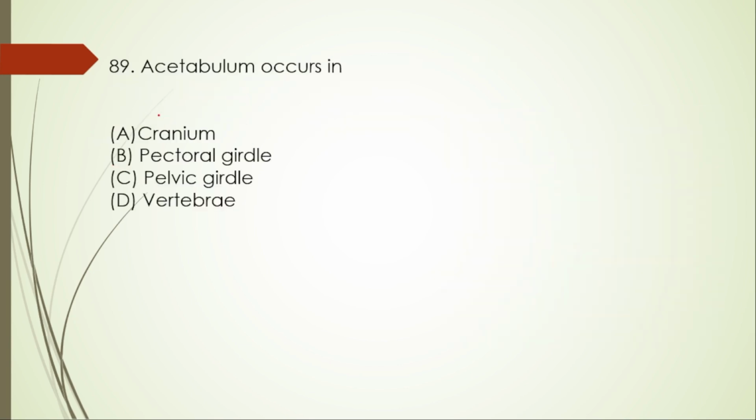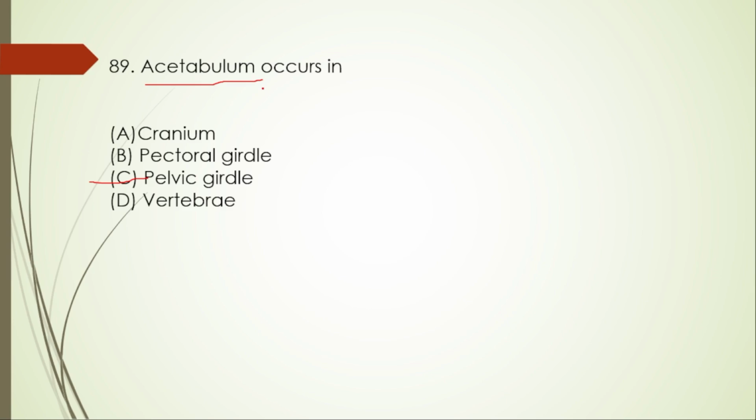89th one. Acetabulum occurs in A. cranium, B. pectoral girdle, C. pelvic girdle, D. vertebrae. Here the right option is C, pelvic girdle. What actually is the acetabulum?